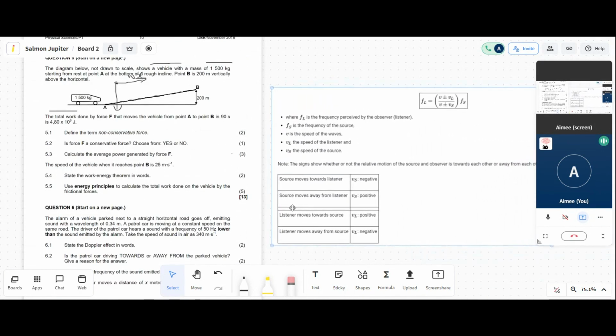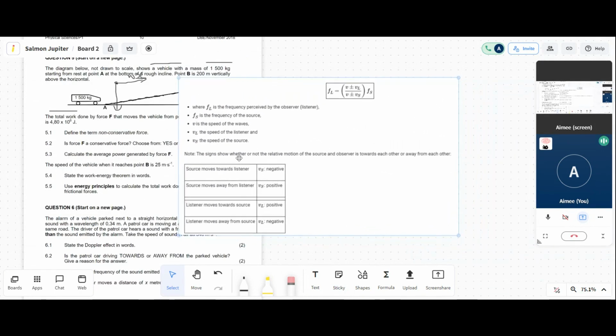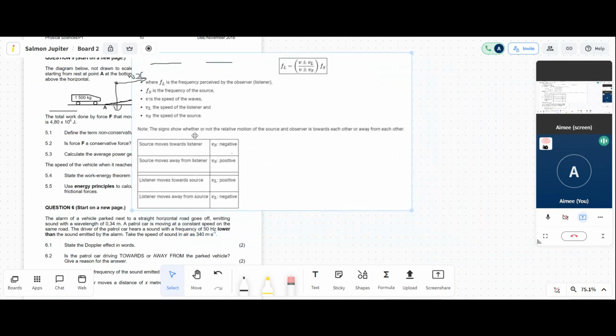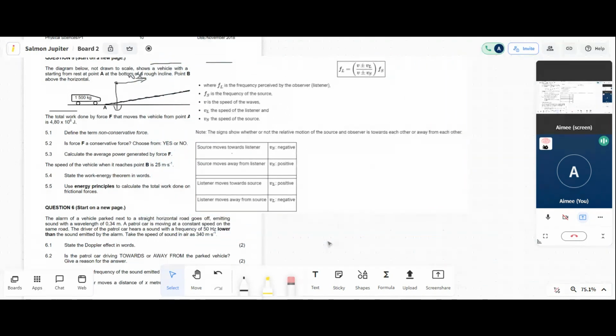And this is where I've now brought the summary for us to look at. Okay, this is something else you need to study off by heart. This is your Doppler effect formula. Frequency of the listener is equal to the velocity of sound through air plus the velocity of the listener over the velocity of sound through air plus the velocity of the source, multiplied by the frequency of the source.